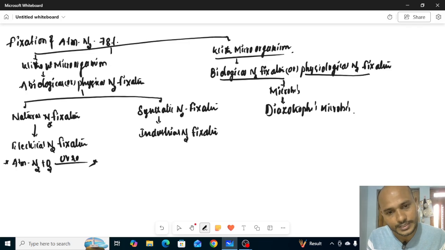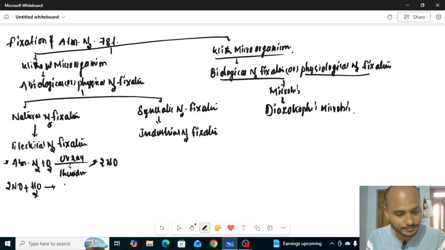Later, these 2 molecules of nitrogen oxide combine with water molecules to form 2 molecules of nitrogen dioxide and 2 molecules of nitrogen trioxide, and then the 2 molecules of nitrogen dioxide again combine with water molecules.